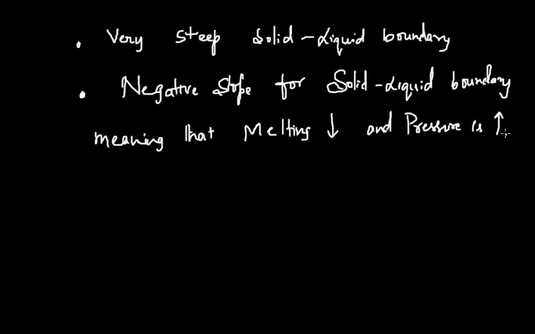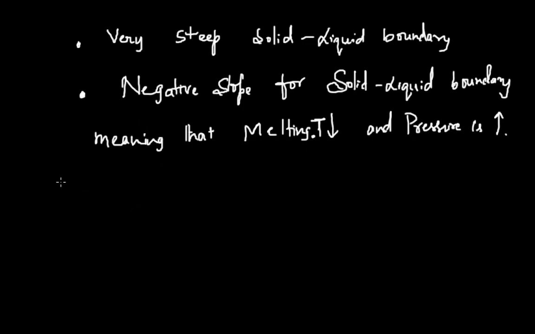See, this was quite opposite. Melting temperature increased when pressure was increased in the carbon dioxide system. Here in the water system, since the slope is negative, melting temperature decreases as the pressure increases.